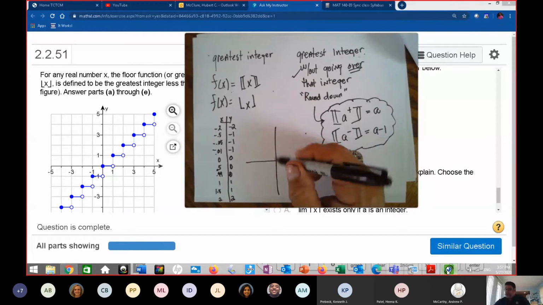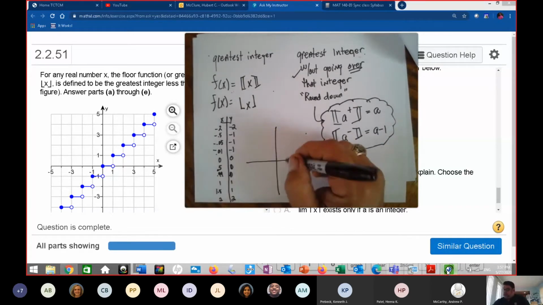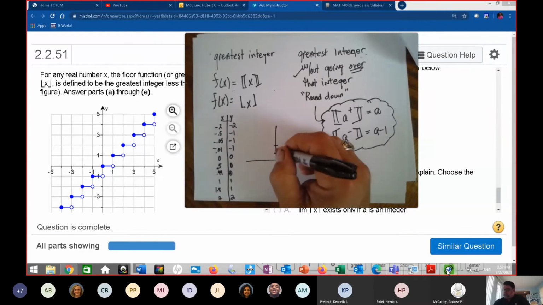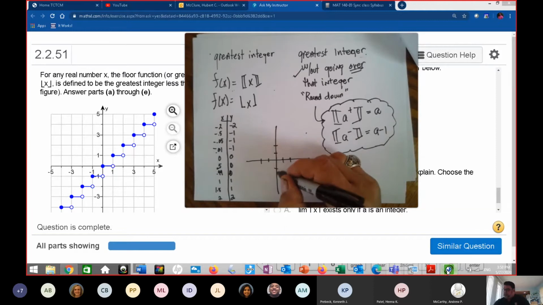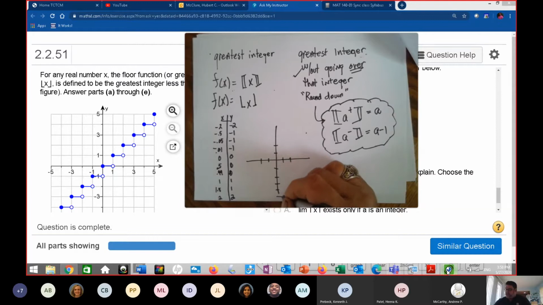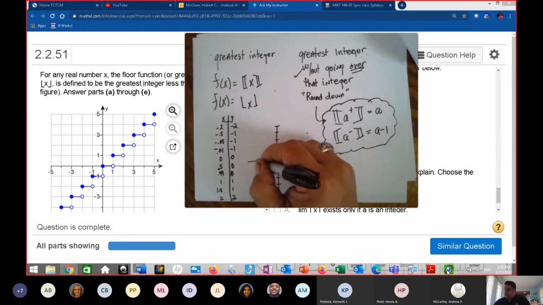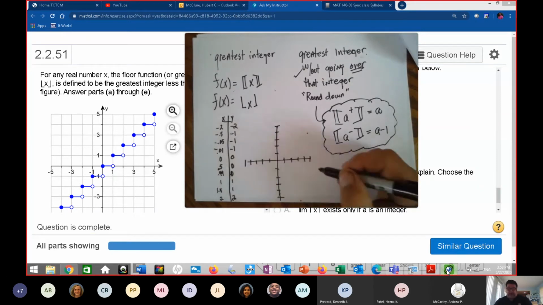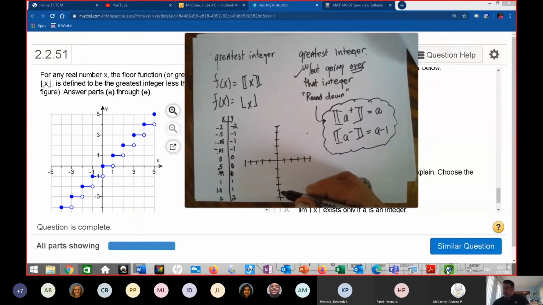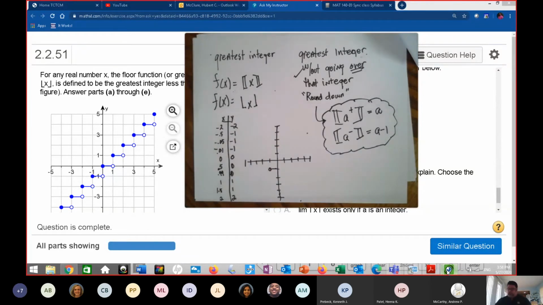So I'm just going to do, at 2, x is equal to 2, 1, 2, and I'm going to go down to maybe, okay, so the function basically looks, that'd be 1, -1, so that would be an open circle, and it goes here, and I'm in a closed circle.